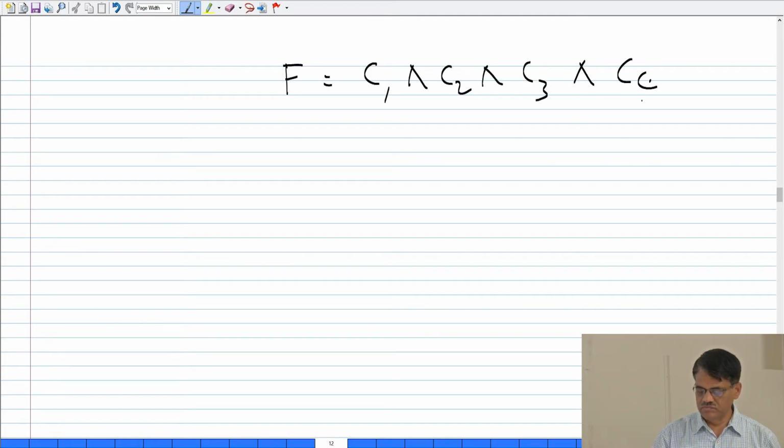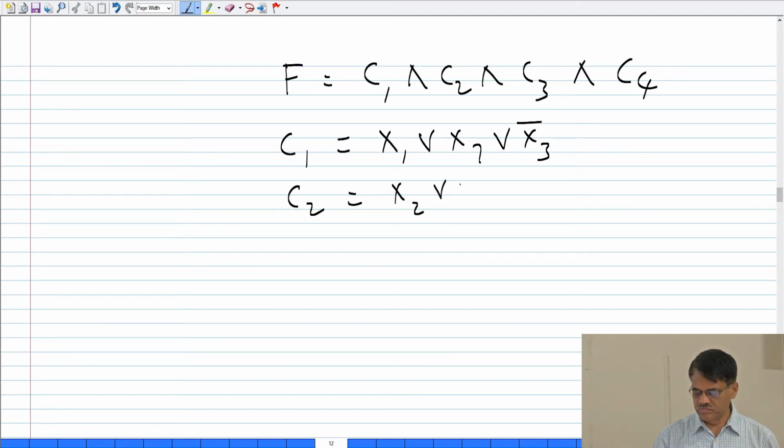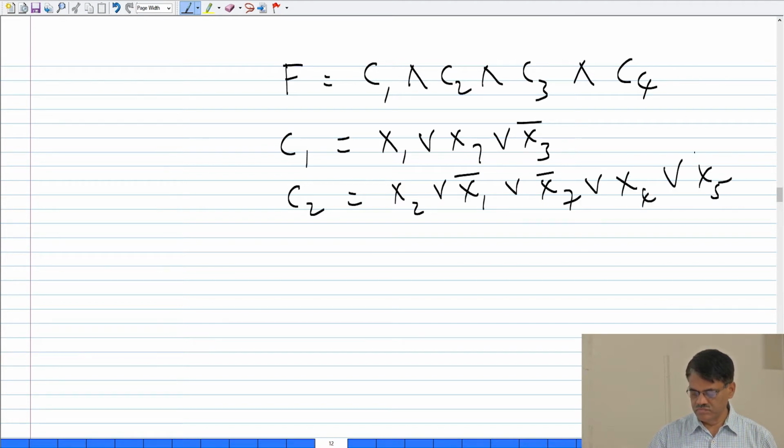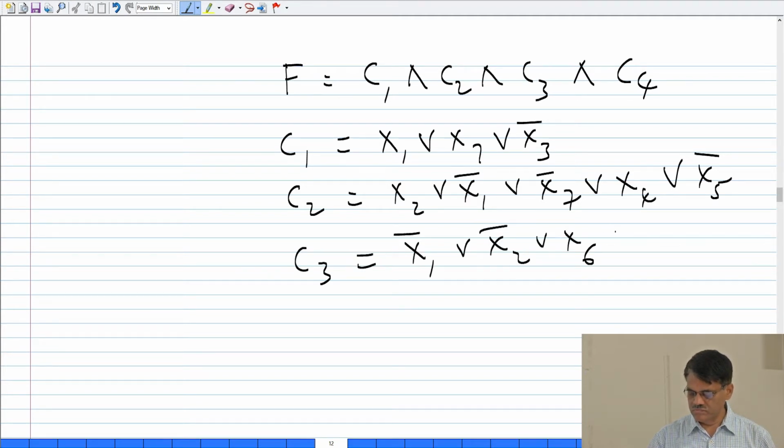So, an example would be, okay. So, it is something like this. So, it has 1, 2, 3, 4, 5, 6, 7 variables and 4 clauses. So, I have to write one more clause.